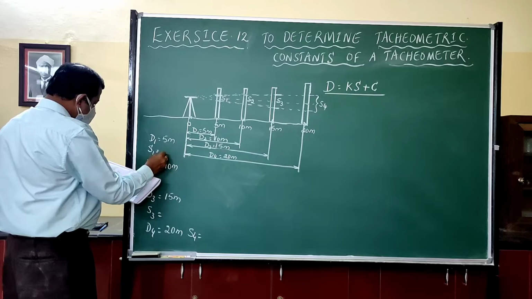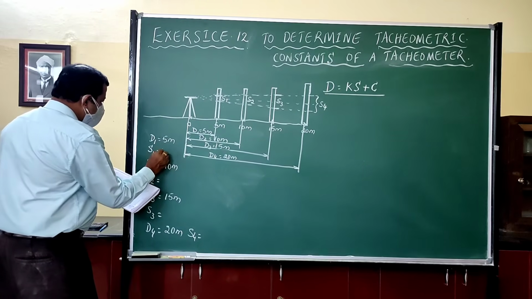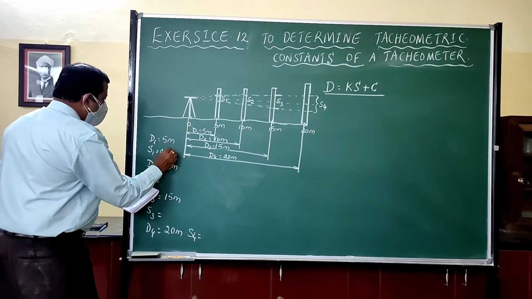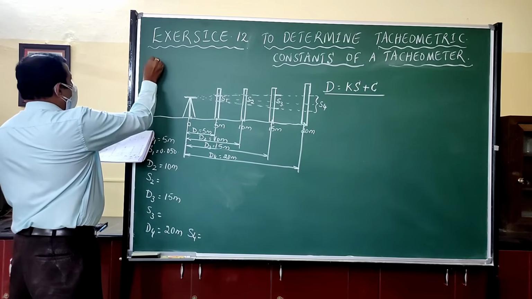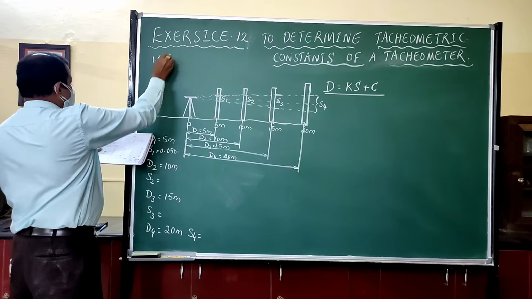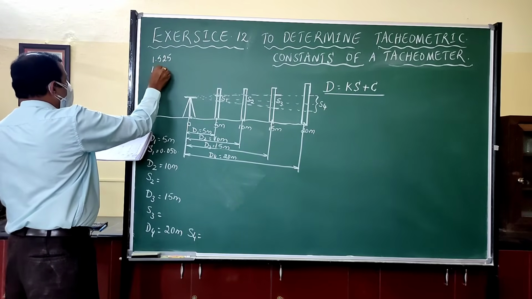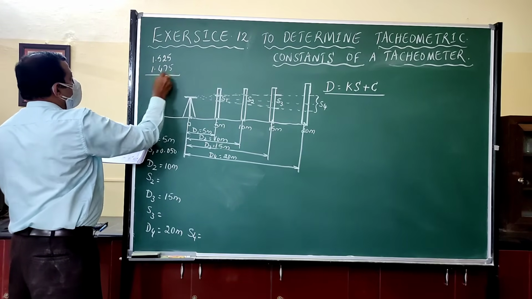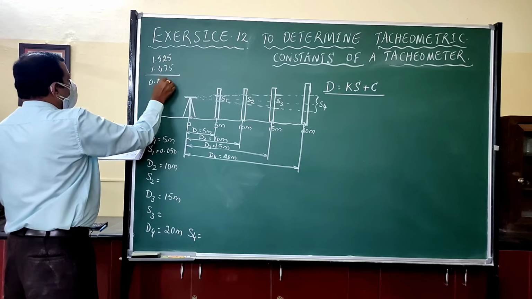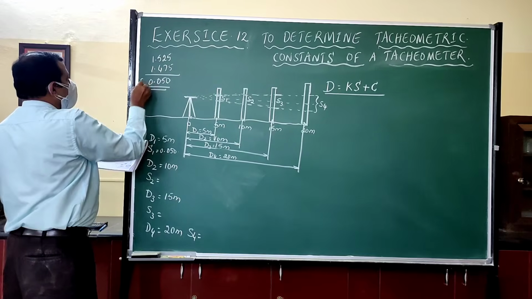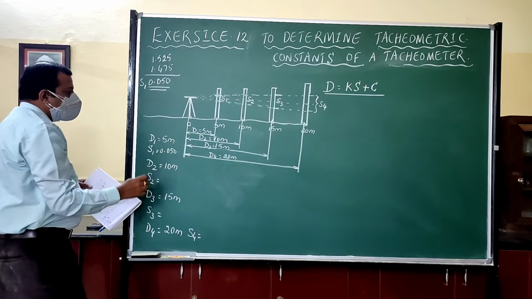S1 at distance D1, the staff intercept S1 is 0.050 meter. That is, upper stadia is 1.525, lower stadia is 1.475. The difference between the upper and lower stadia is 0.050. This is S1.